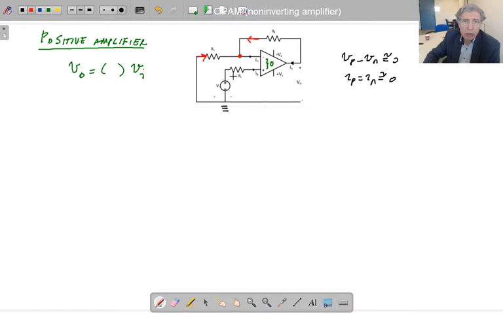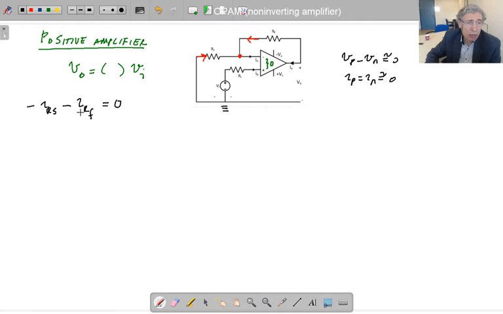This current here is towards the node, that's why it is minus IRS, and this current is towards the node, therefore it is minus IRF. This current IN is equal to 0, so I didn't write it. Although there should have been three terms, just two are seen; the third one is equal to 0.